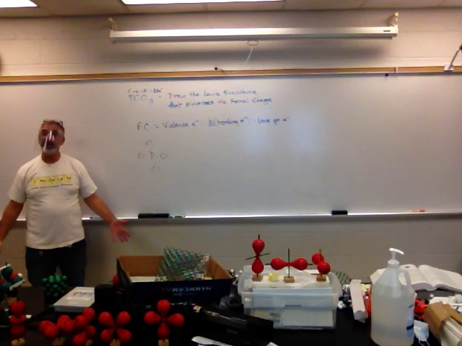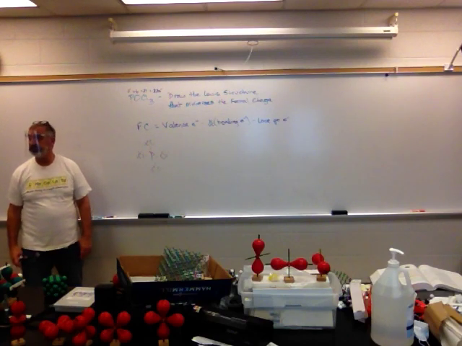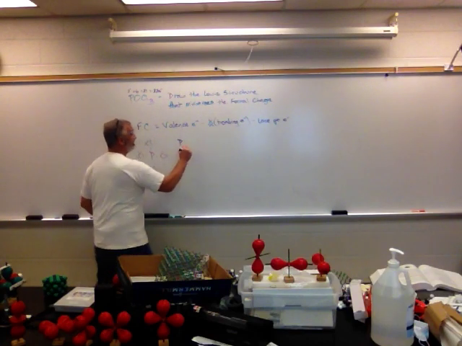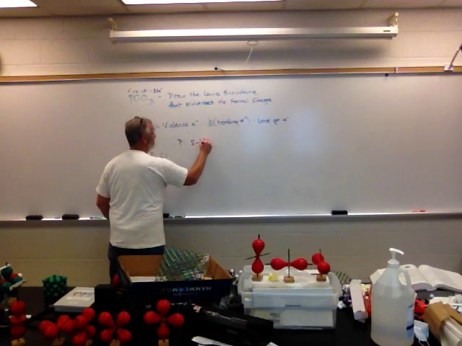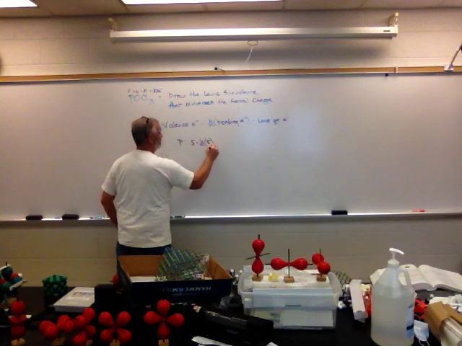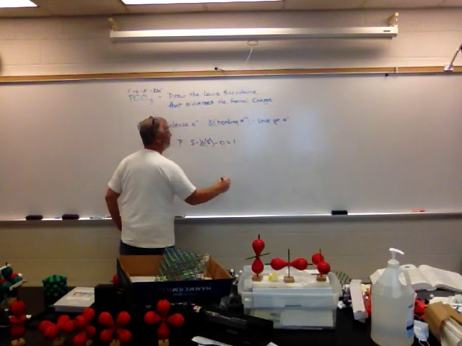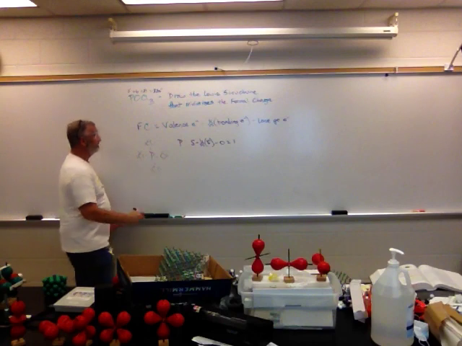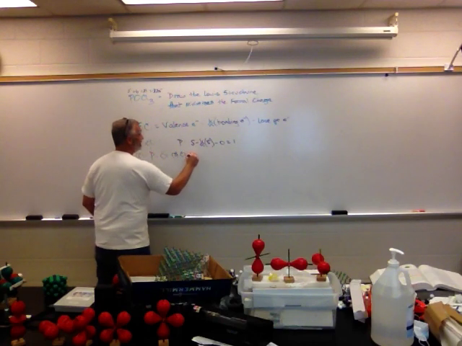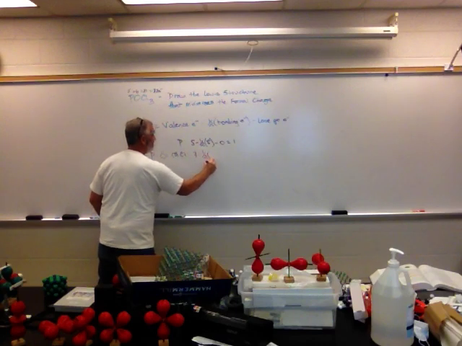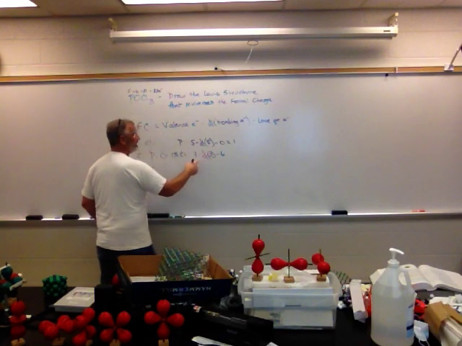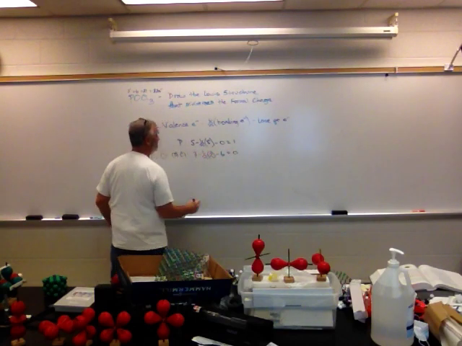Okay? But now let's see if we can minimize formal charge. The phosphorus is going to be 5 minus 1/2 of 8, minus 0, which equals 1. The 3 chlorines, they're all the same, it's going to be 7 minus 1/2 of 2, minus 6, which equals 0.